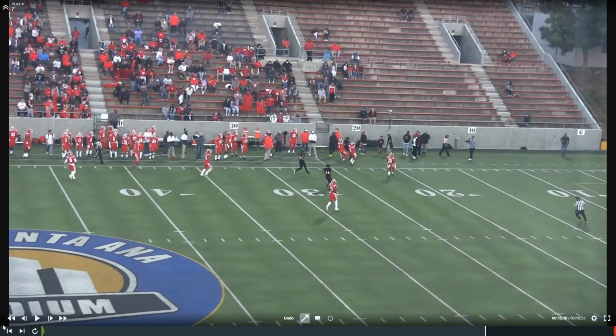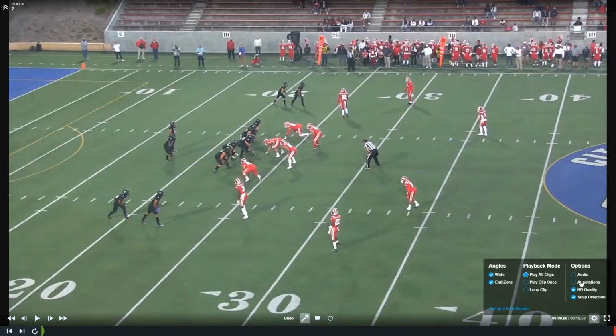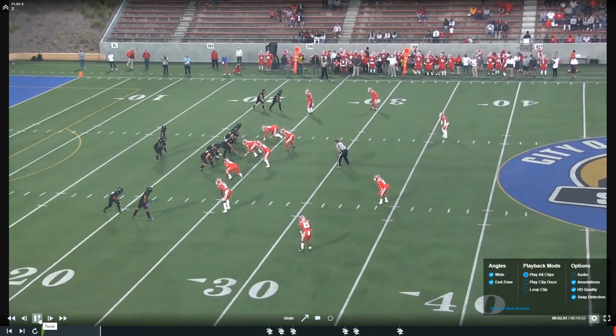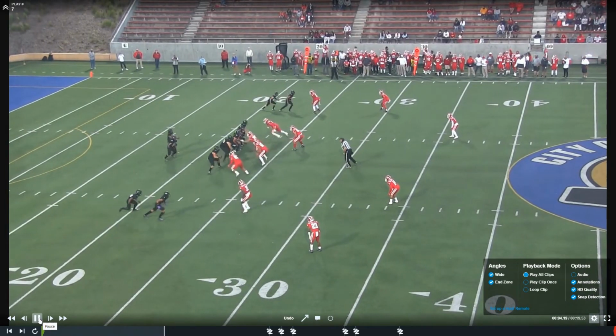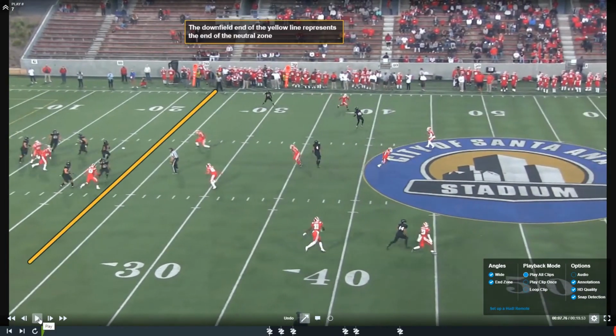I hope you saw that. Okay, let me turn the annotations on. I did not annotate this, somebody else did, but it's really well done. So the first thing we have to deal with is the quarterback beyond the line of scrimmage when he lets the ball go?